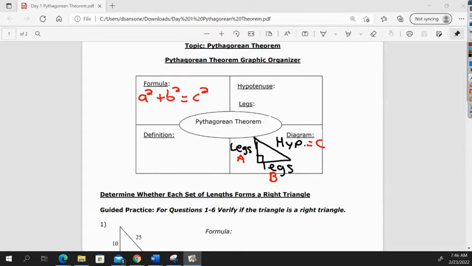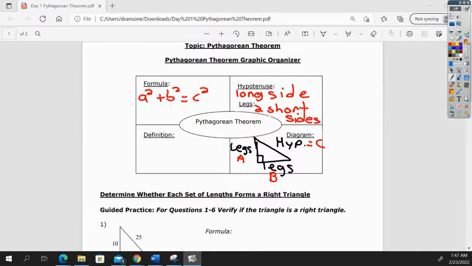So let's just remember our hypotenuse is going to be the long side and the legs are the 2 short sides. And then right next to that, make sure you also put their letters.